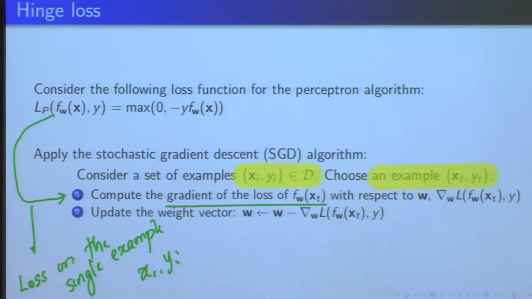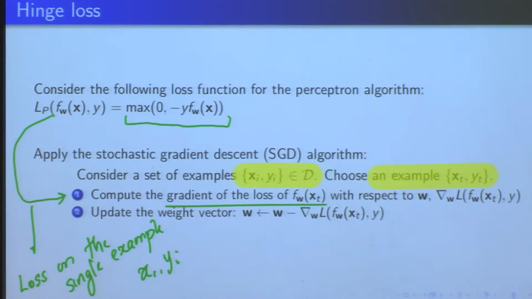This gradient update based on loss computed on a single example, drawn randomly, is called stochastic gradient descent, and this particular loss is called the hinge loss.